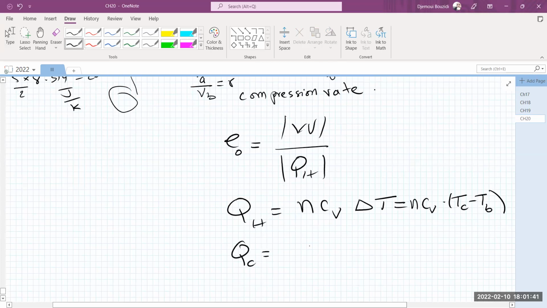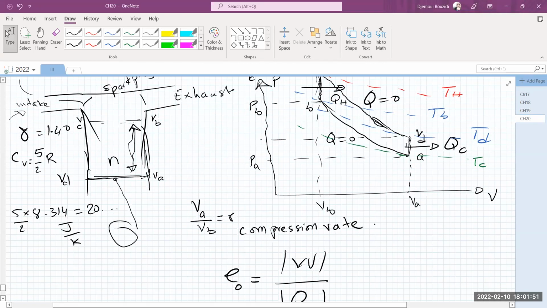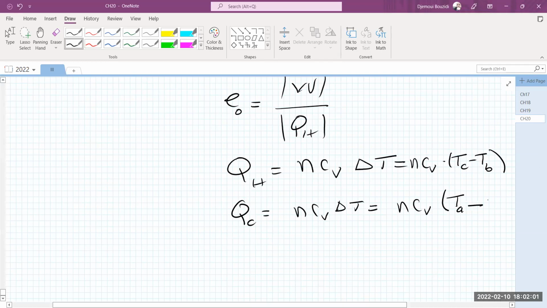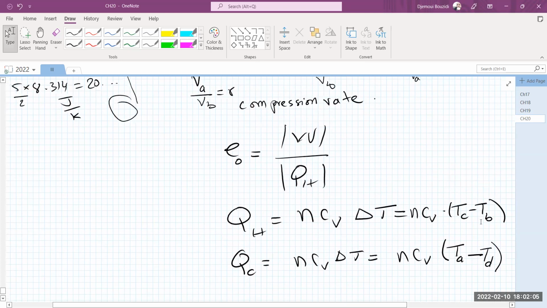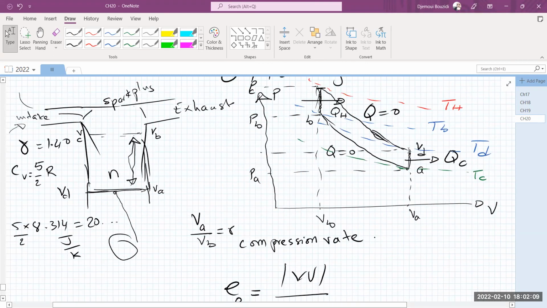QC is going to be NCV delta T. And that too is NCV, because that too is actually an isochoric process, constant volume. The final temperature is actually TA, which is usually a room temperature, around 300 Kelvin. That's the exhaust, minus TD, the temperature at the end of the adiabatic process, in this case, the power stroke.